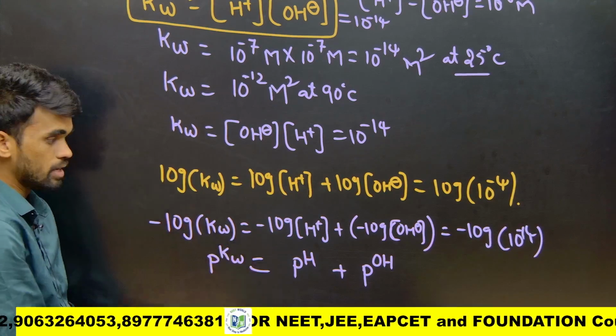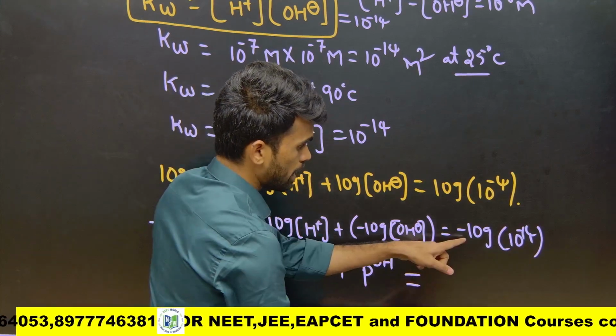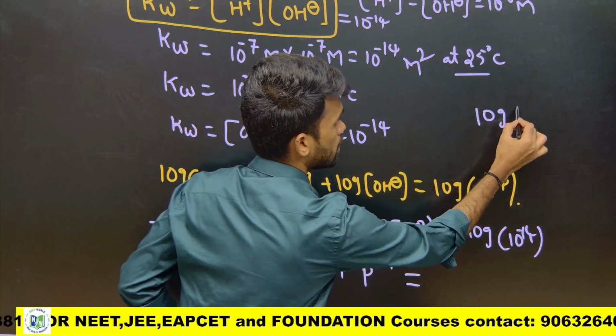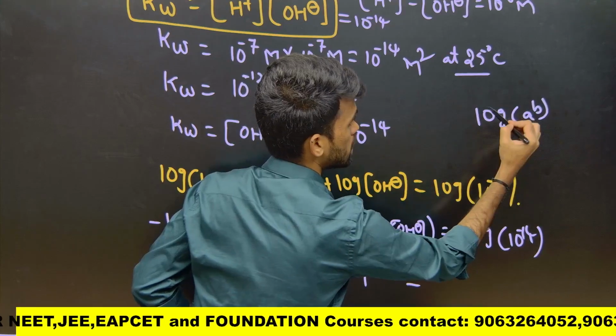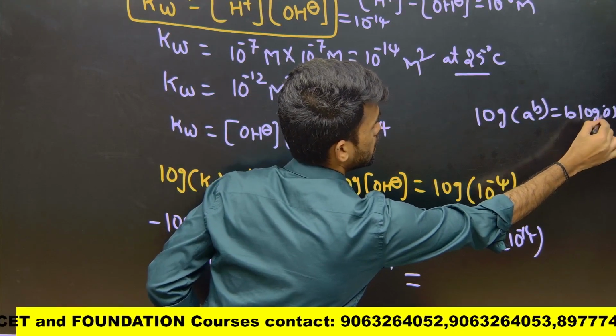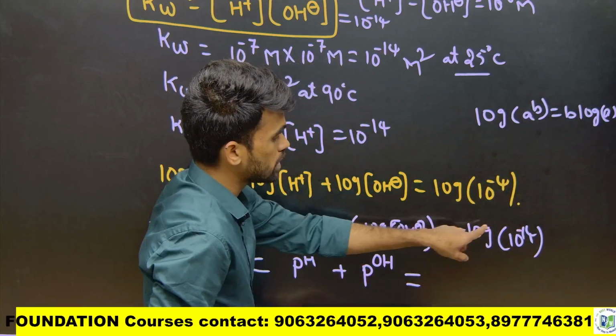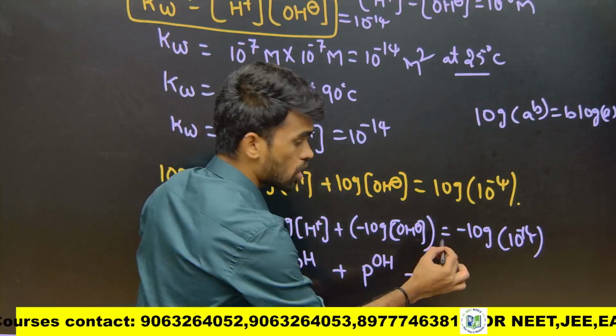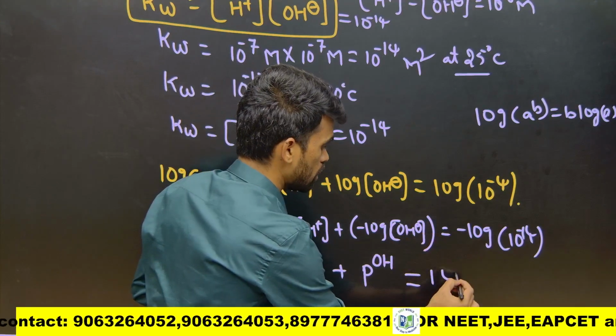Now, if you look here, minus log 10 power minus 14. If we have log A power B, we can write it as B log A, right? So here minus 14 into minus will become plus 14, and log 10 means 1. So the overall value will be 14.